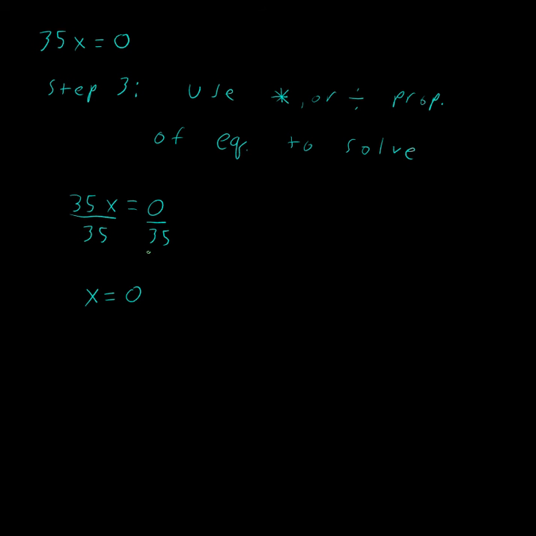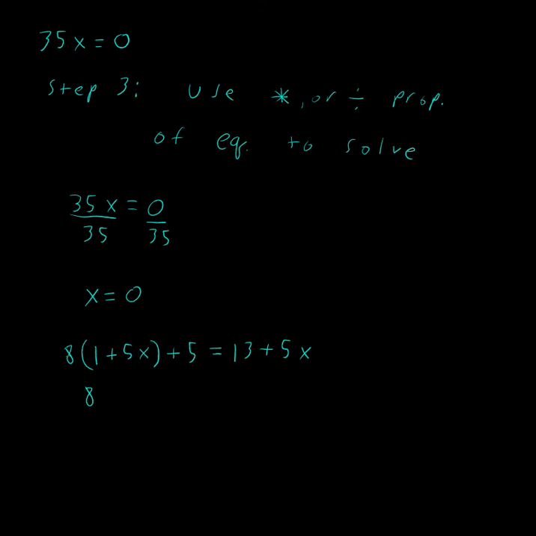So good. We've solved this equation, and the original equation is 8 times 1 plus 5x plus 5 equals 13 plus 5x. And if we plug in 0 for this, what do we get?